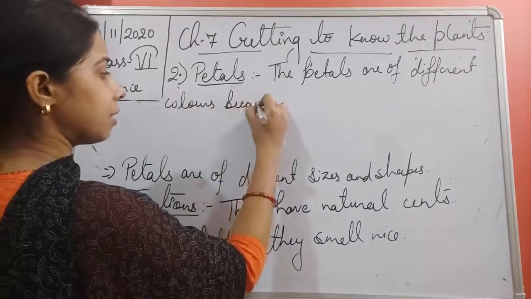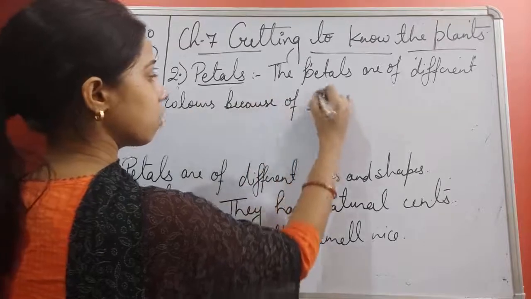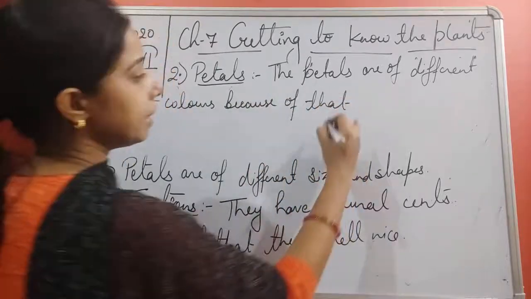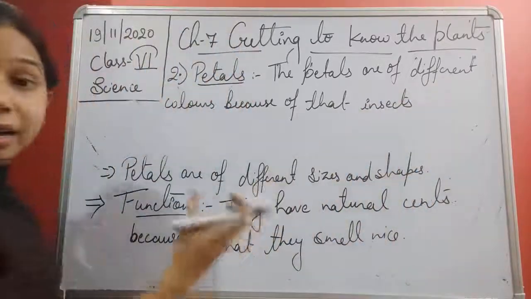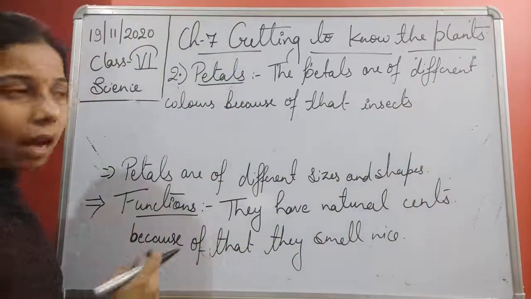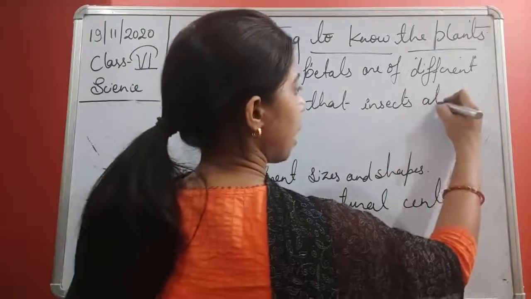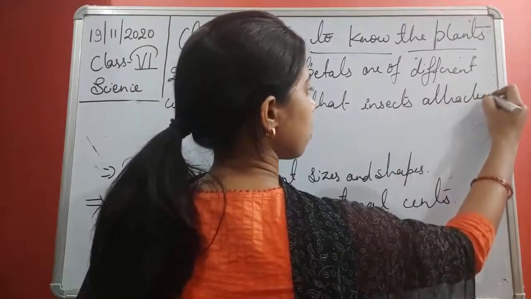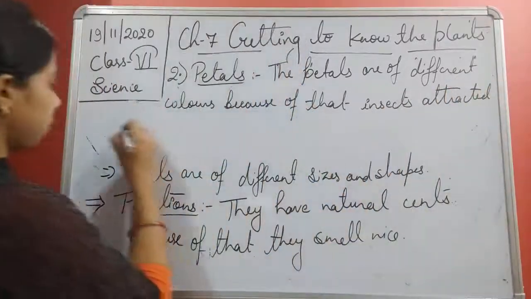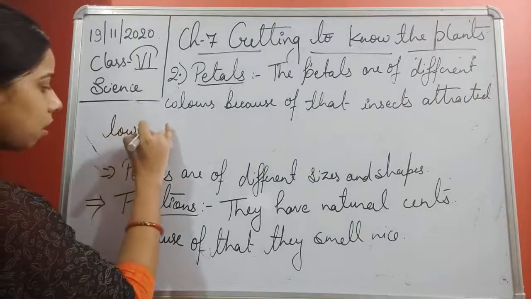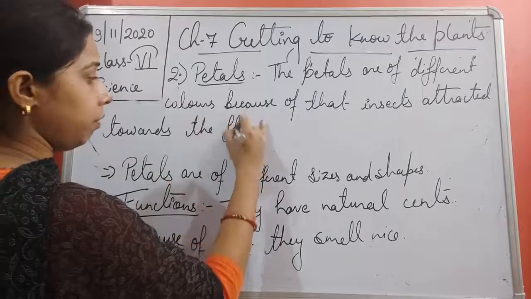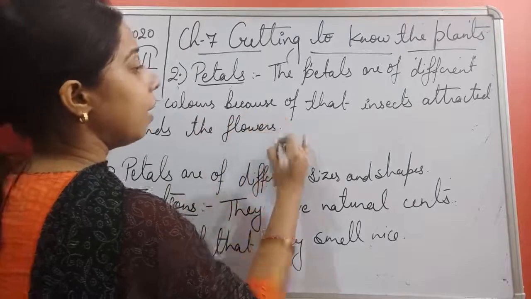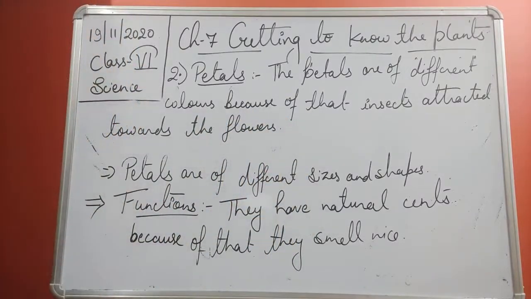Because of that, insects are attracted towards the flower. So it gets attracted towards that of the flower. Okay.